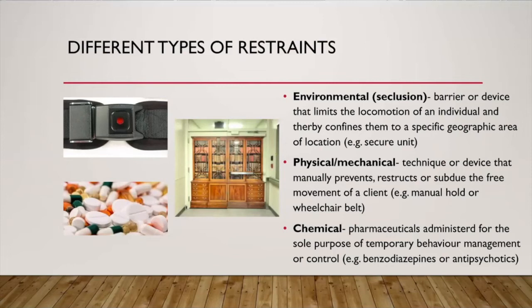These include techniques or devices that manually prevent, restrict, or subdue the free movement of a client. For example, the use of a manual hold or a wheelchair belt. Chemical restraints are pharmaceuticals administered for the sole purpose of temporary behavior management or control. Examples of these include benzodiazepines or antipsychotics.